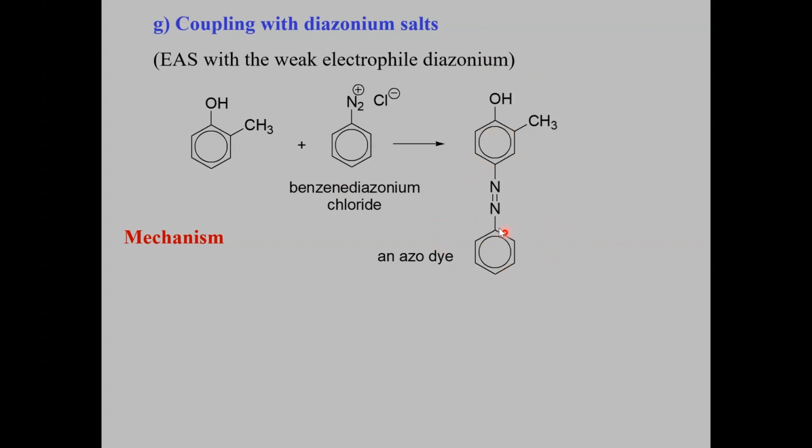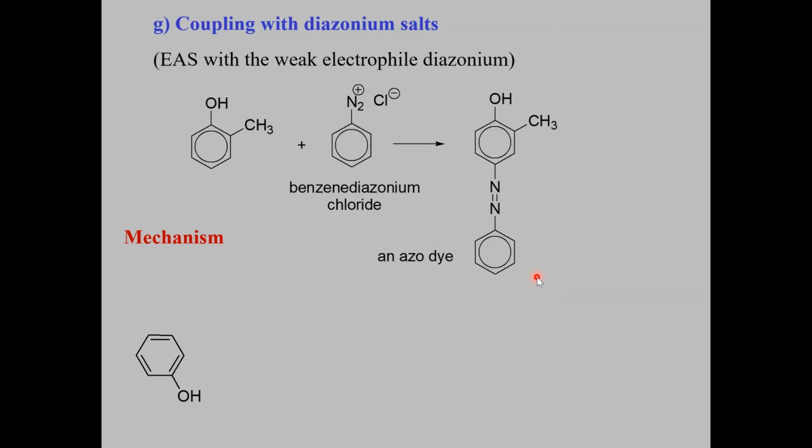These azo derivatives are used as dyes. That's why they come under the category of azo dyes. Azo dyes are used for coloring of textiles and clothing, etc. How does this reaction occur? Let us look into it. The mechanism involves the following.